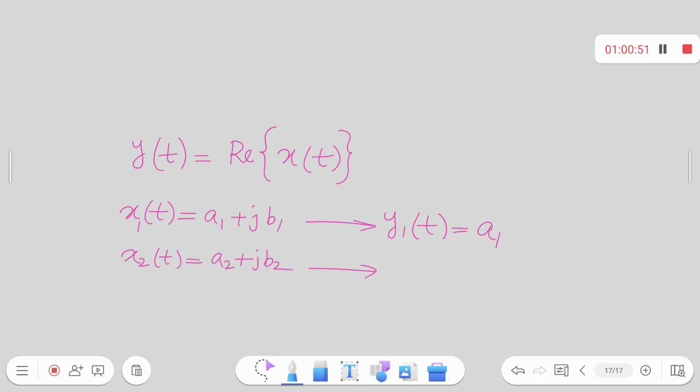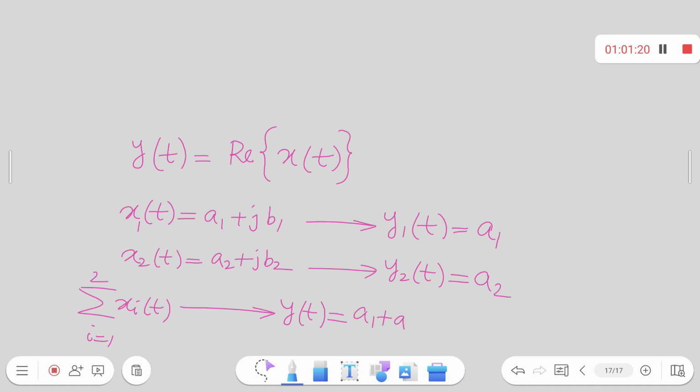So from here, what is y2 of t? a2. Okay. Now suppose my input is the summation of xi of t, where i goes from 1 to 2, that is a1 plus a2 plus j times b1 plus b2. What will be the output then? a1 plus a2, that is equal to y1 of t plus y2 of t.